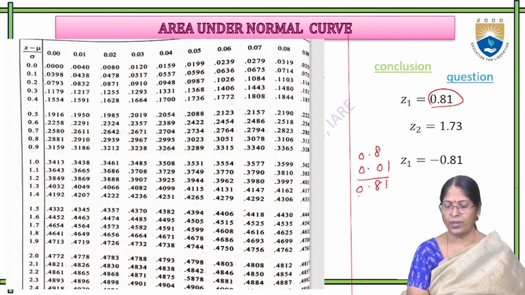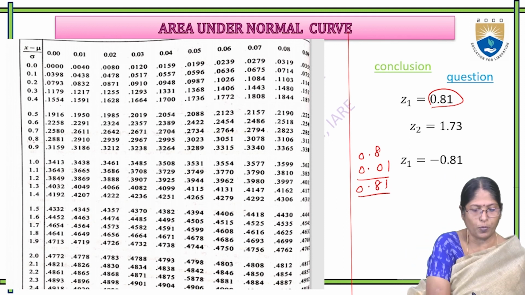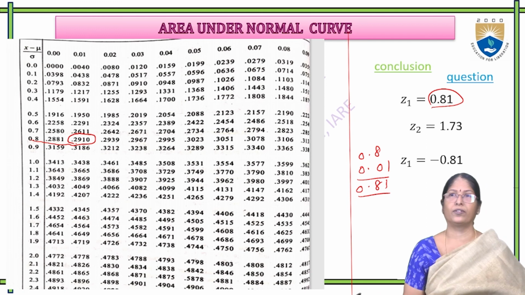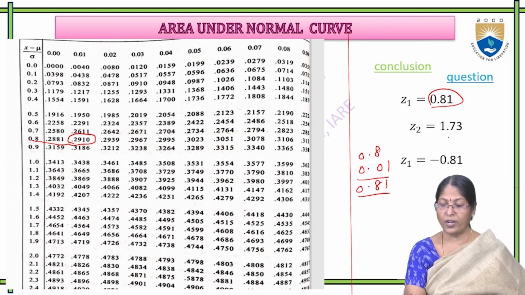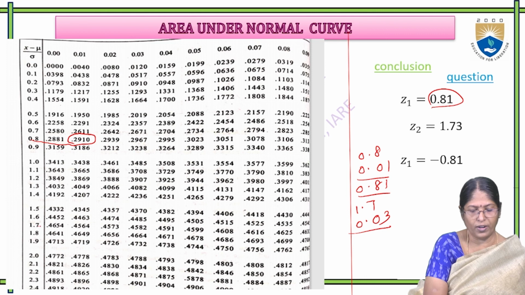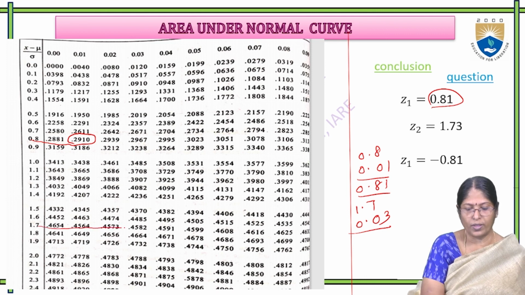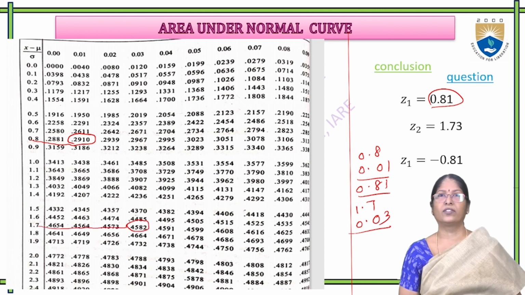So yes, here 0.8 is there. We can move. Yes, we obtained the result. Next, we wanted 1.73, 1.7, 0.03. So now 1.7, we can move. Yes, this is the way we have to pick out the values from the normal distribution table.